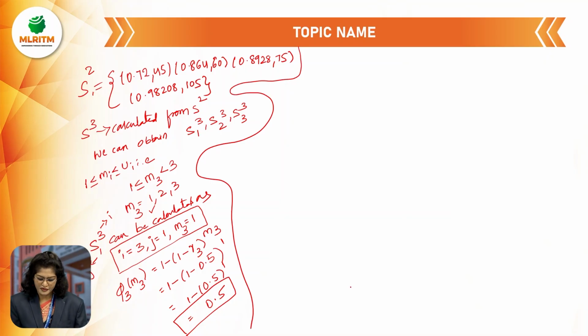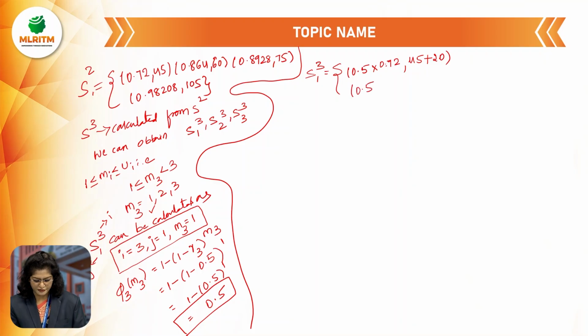Now the 0.5 value we need to combine for S13. With the previous value you need to combine this new value. So the first value is 0.5 into (0.72, 45) plus the cost of that, 20.